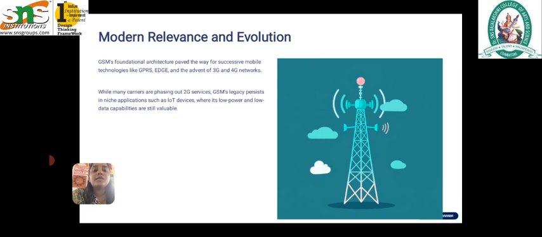While it carries the 2G services, GSM's legacy persists in catering to IoT devices with low power and low data capacity that are still valuable, where 2G users will be limited by the bandwidth, whereas GSM ensures the 3G to 5G connection, where the users can wirelessly transmit data between two devices anywhere, anytime, and within any location.